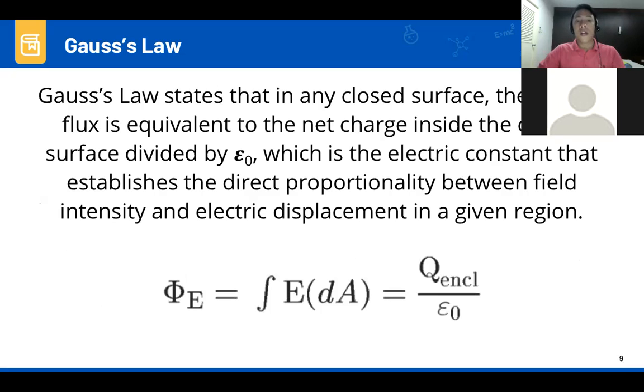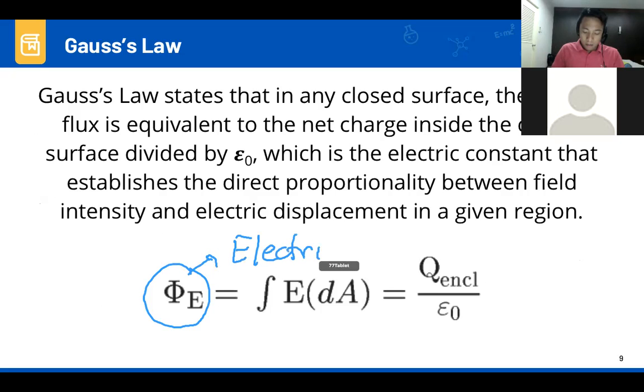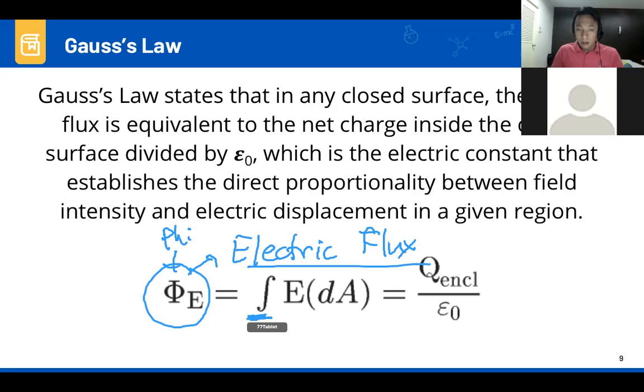So this will be the general formula for the Gauss's law. As you can see here, this is the symbol for the electric flux, right? Electric flux. It's because this one is the phi, or what we call phi, and it is for the electric. Okay, so electric flux is equivalent to, this sign is integral, okay?